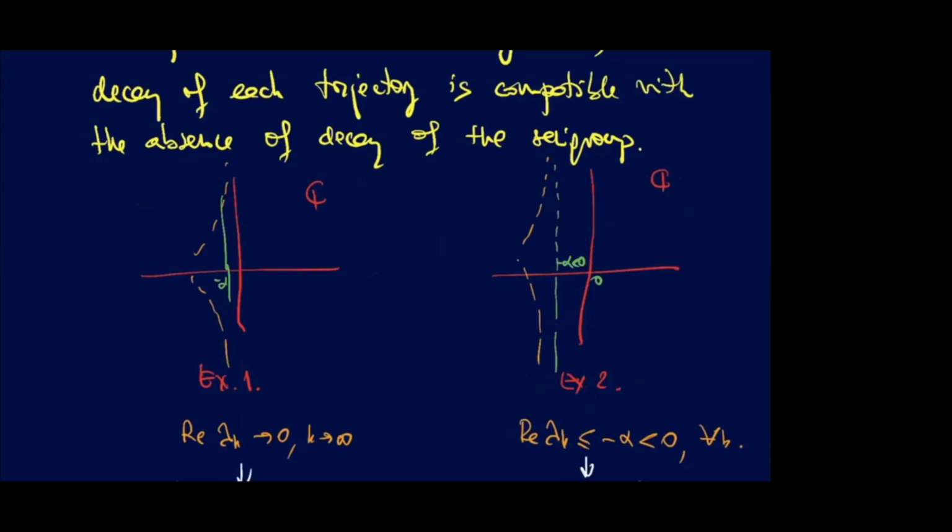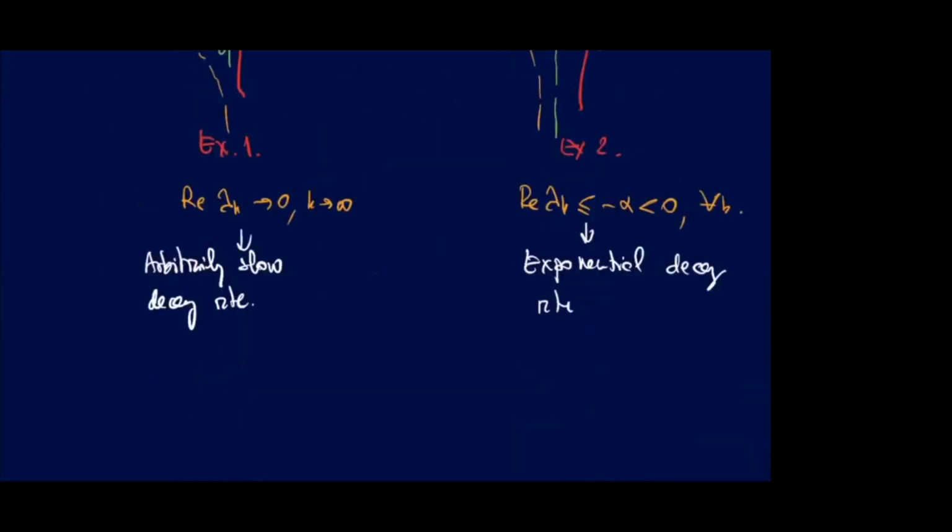And then, as Yao Wan is saying, this indeed is a situation where we can talk simply about stability, while in here, we will talk about exponential stability.